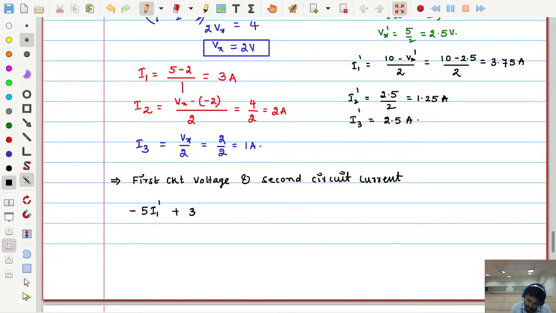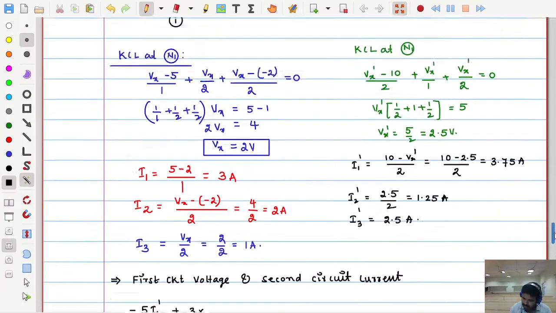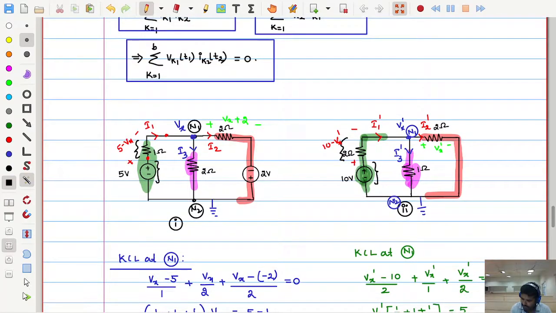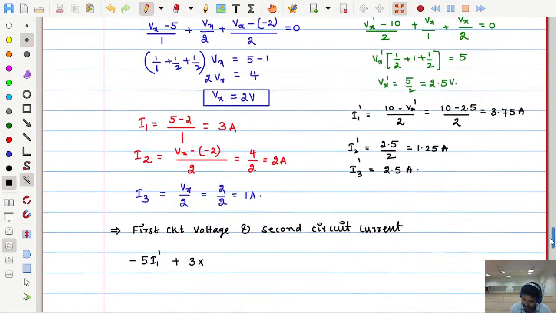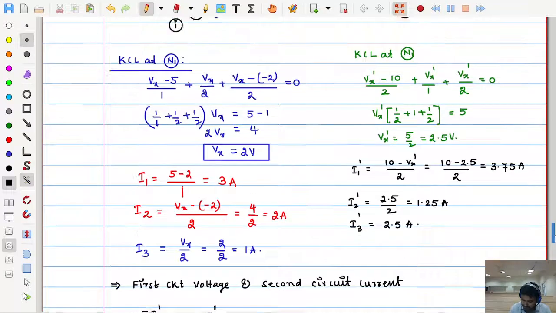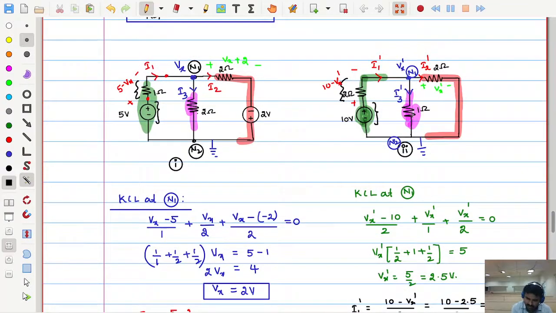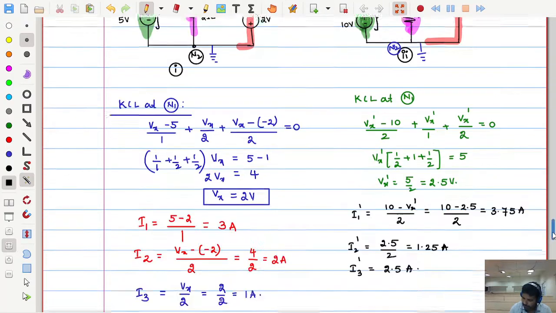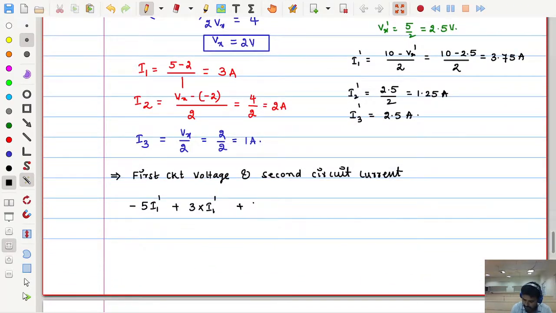So 3 into its corresponding branch current here, I1 dash. Let me write I1 dash. Later I will substitute I1 dash. Next is this second branch also. How much is the voltage? Vx plus 2. How much is its corresponding current?